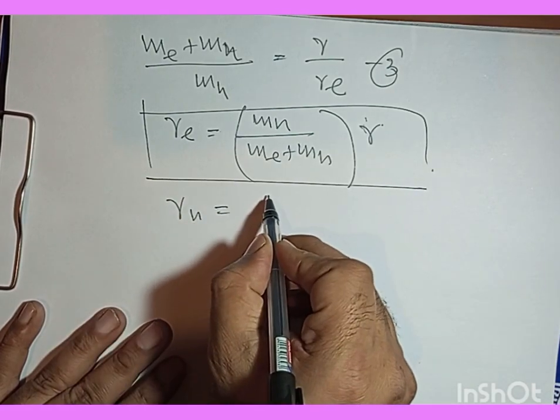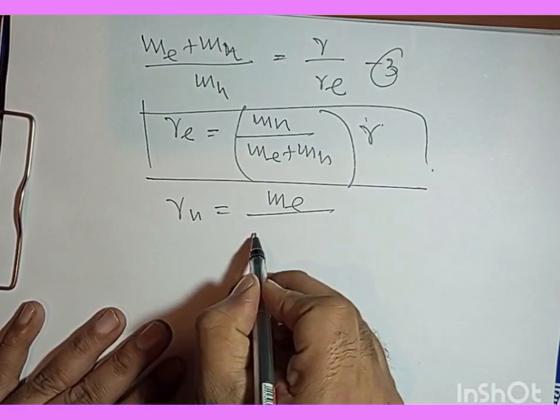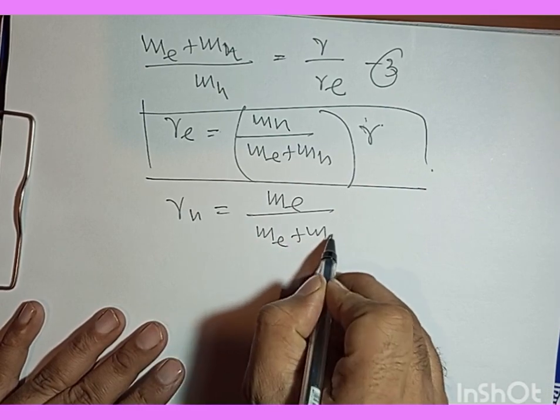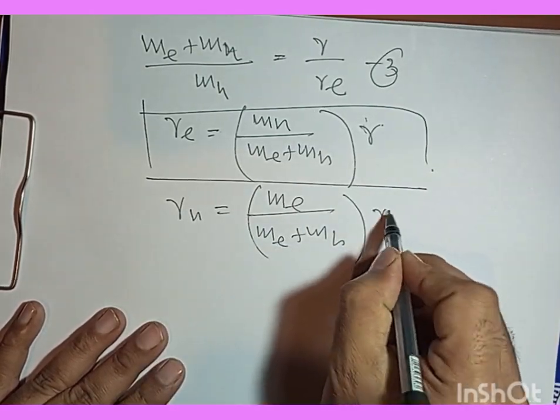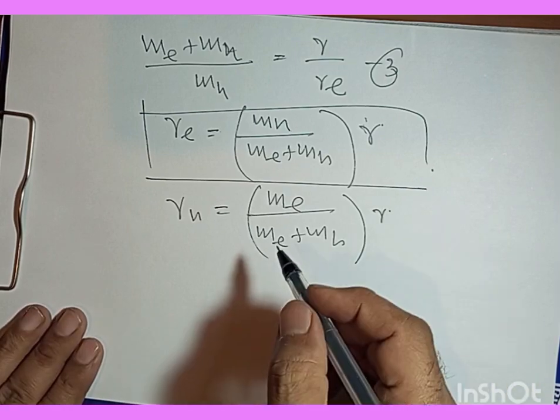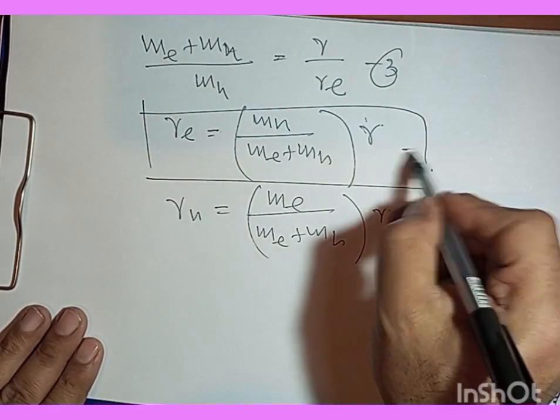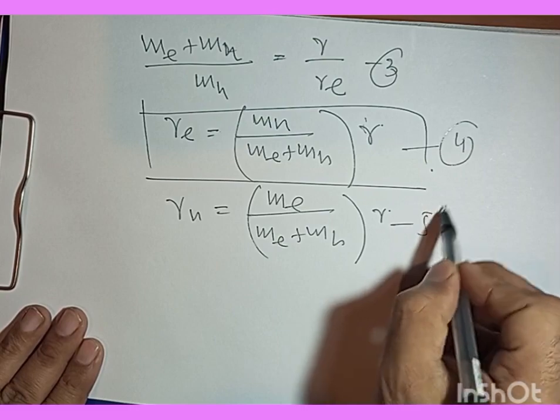That will be Me divided by Me plus Mn times R. Okay, that should be the case. Now, this is my equation 4, and this is my equation 5.